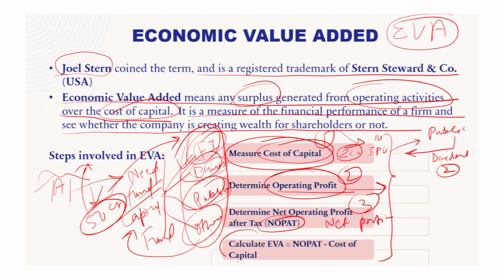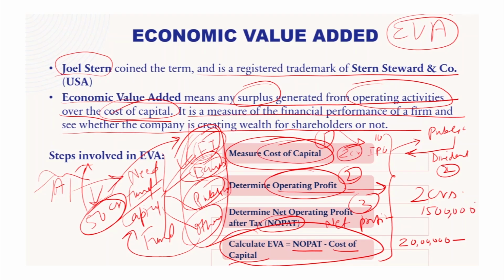What is EVA? EVA is your NOPAT minus cost of capital, net profit minus cost of capital. Suppose your net profit is 20 lakhs, and the cost you have paid to generate 2 crores of money is 15 lakh. Deduct it from the 20 lakh, and your EVA is 5 lakh.